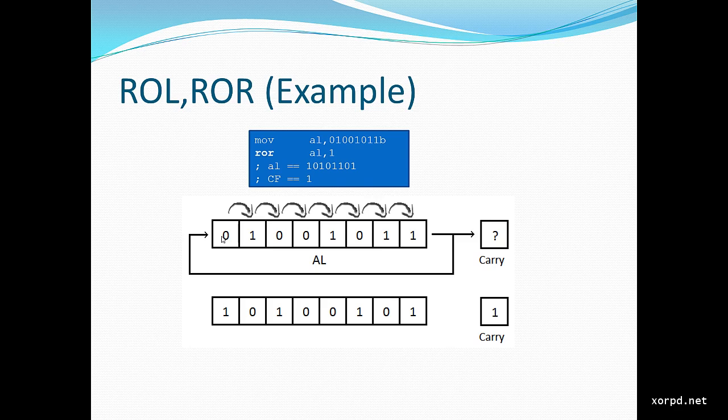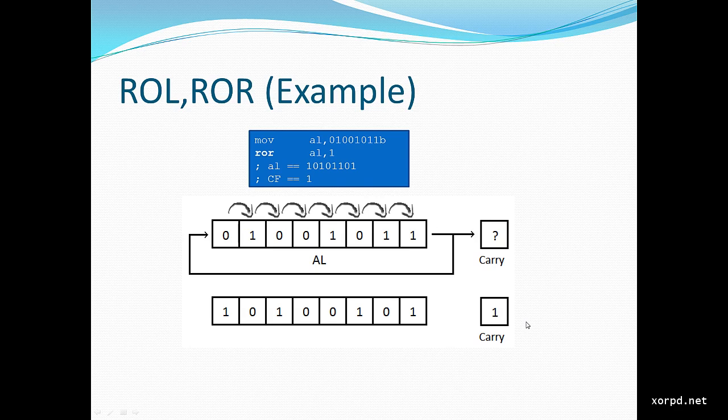Finally, we get that this bit 0 moves here, and this bit 1 moves here, and the bit 0 here moves to its new location here. This 1 bit moves here, and this bit 1 moves all the way to this new location, and it is also copied into the carry flag.